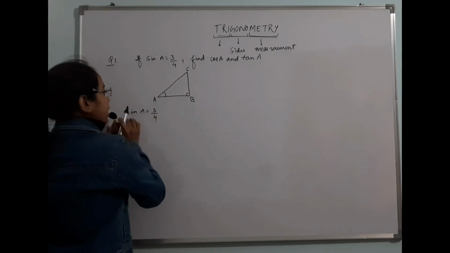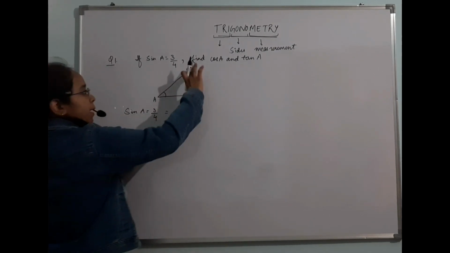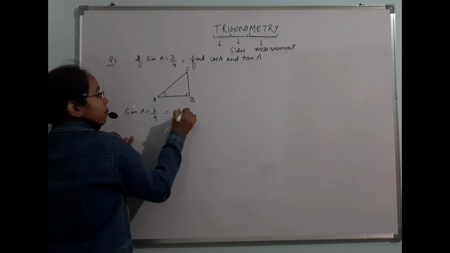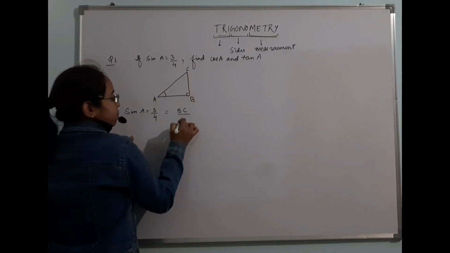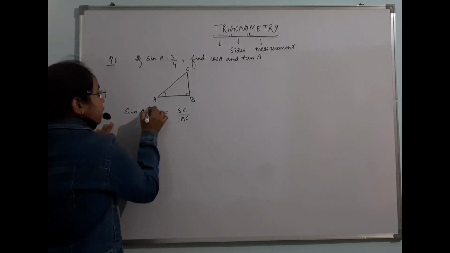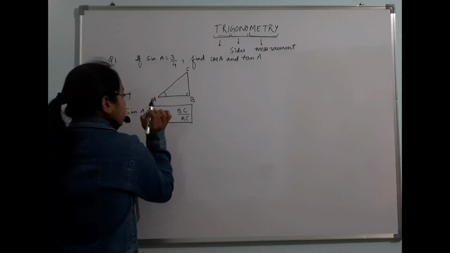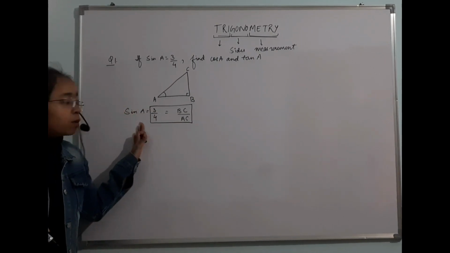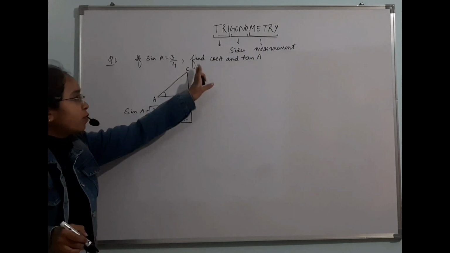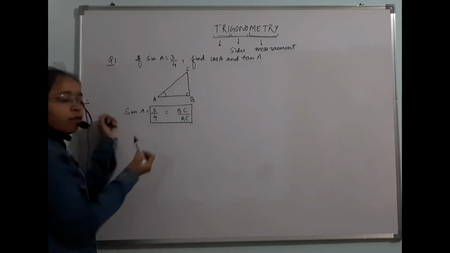So we know that sine A is perpendicular upon hypotenuse. We can put it equal to perpendicular BC upon hypotenuse AC. This is our sine A, but what to keep in mind is we are given the ratio. We are not given the actual measurements of side BC. We cannot equate it straight away that BC is 3 and AC is 4.